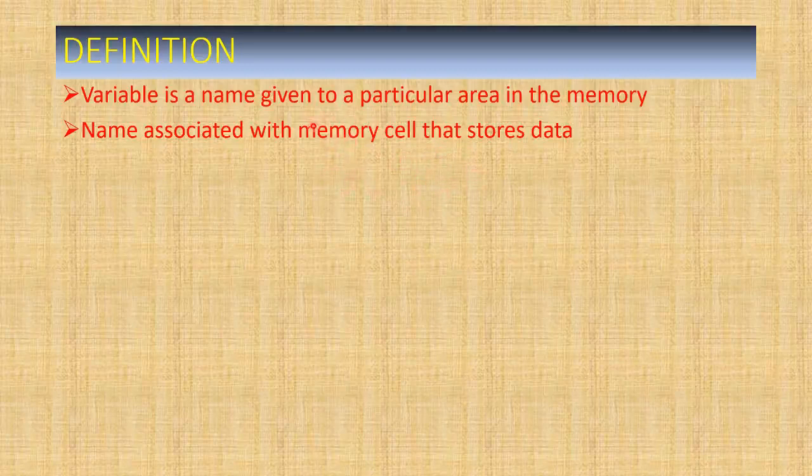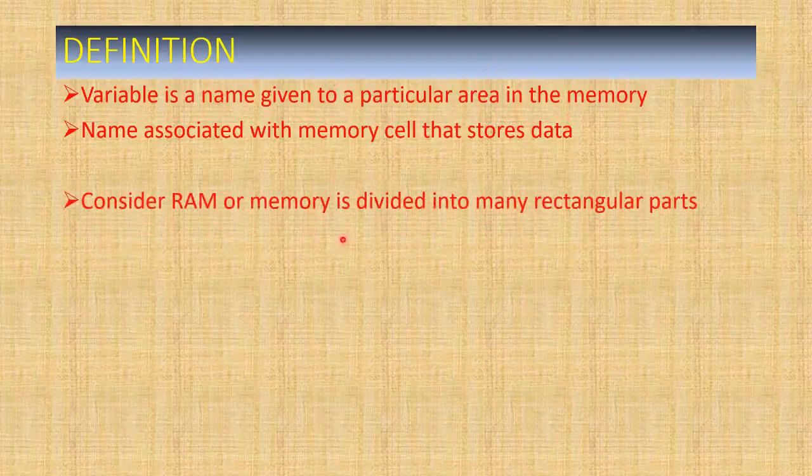To understand the concept of variables better, we want to take the help of the definition, which says that a variable is a name given to a particular area in the memory. That means a variable denotes a particular area in the memory. So let's go inside this definition to see what it means. Before that, we should understand the structure of the RAM.